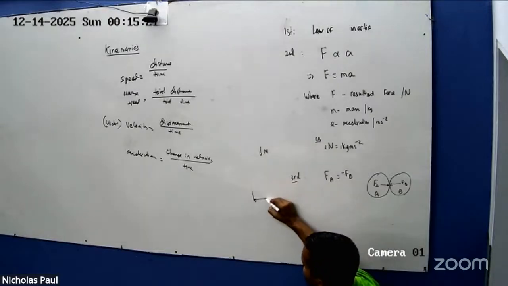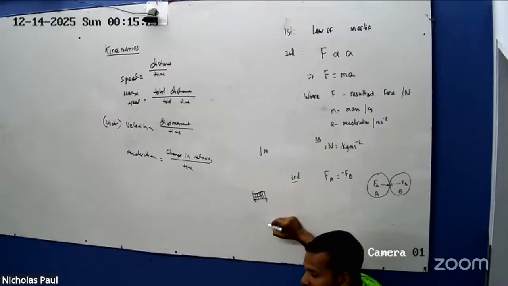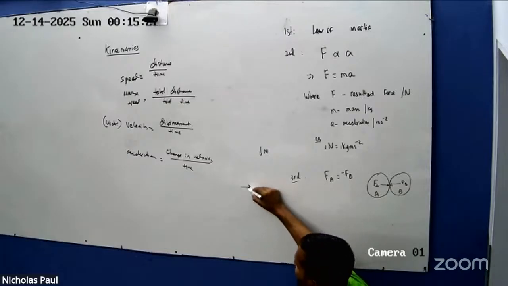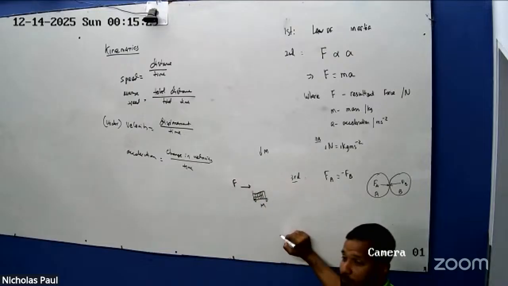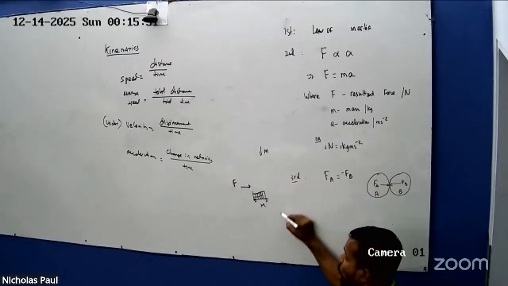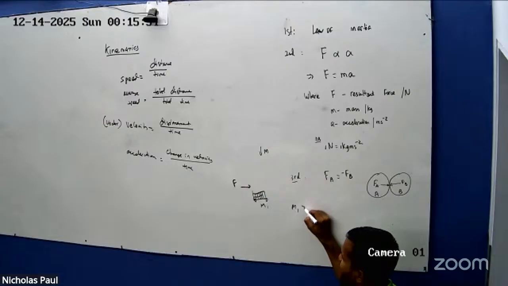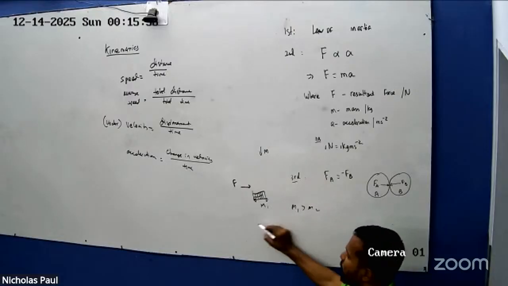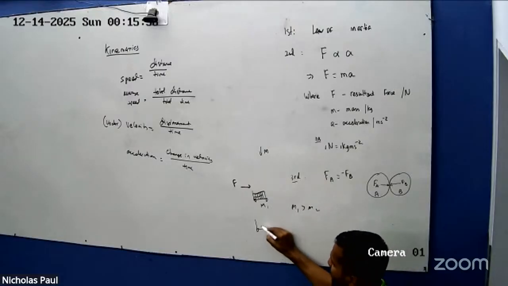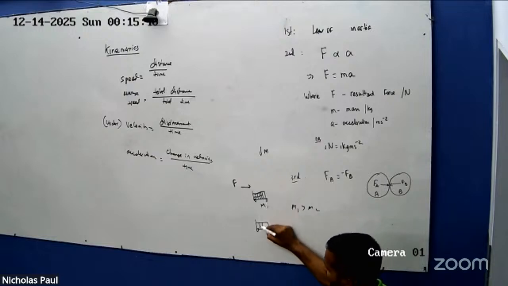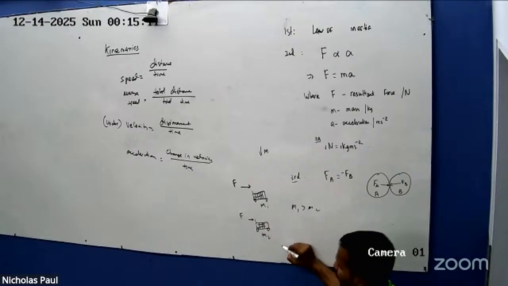So I'm going to give you a quick drawing here. That's the cart. The cart has a mass, and they have the same force being applied. One of them has a mass larger than the other. So let's say M1 is larger than M2, and they both have the same force.